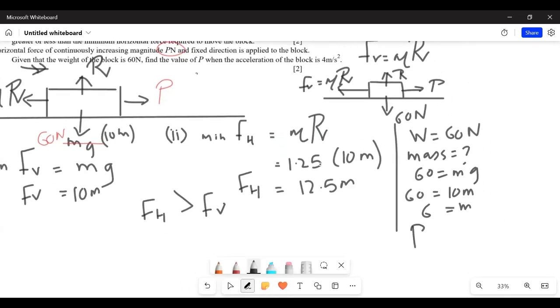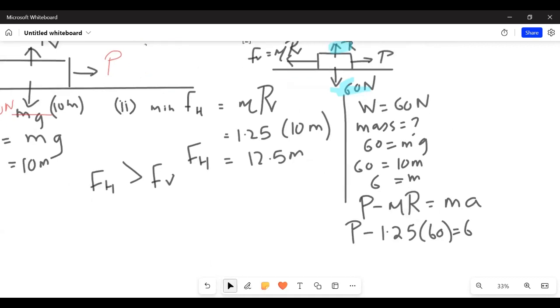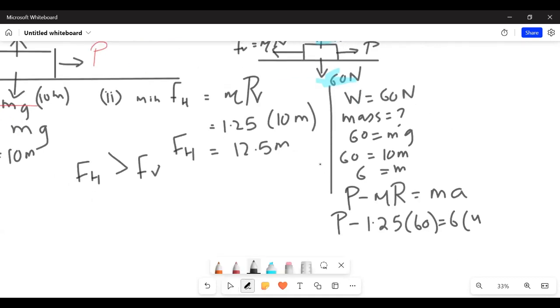Forward is P, backward is mu R, equals ma. P minus mu, which was 1.25, times R. R is balancing the weight, so R is going to be 60, equals m, which is 6, and a has been given as 4. So from this, P will come out, which should come out to be 99.